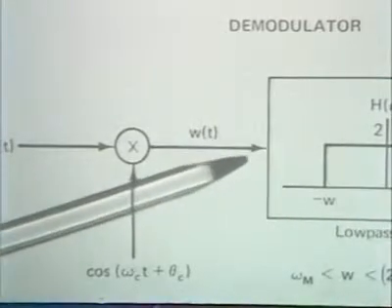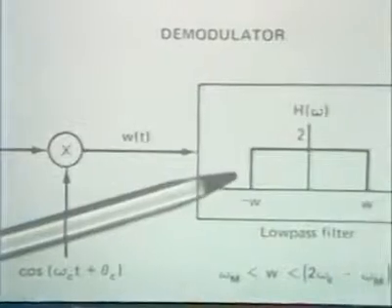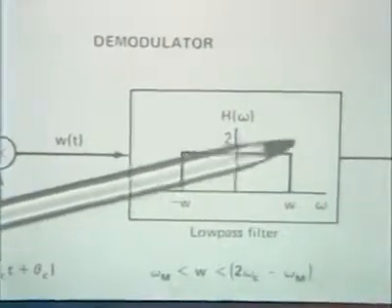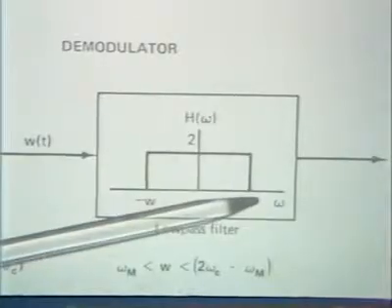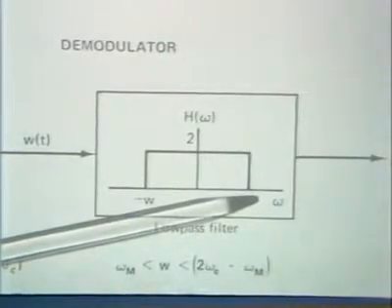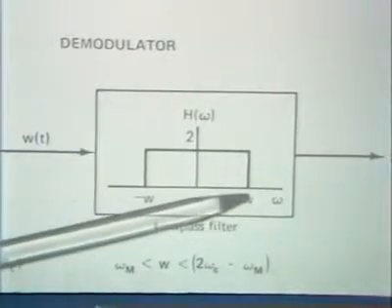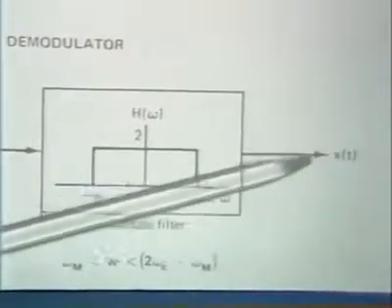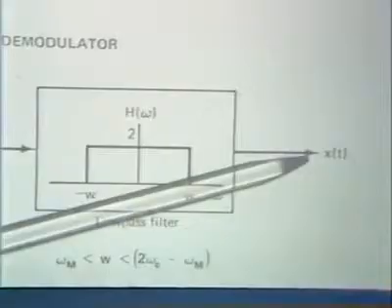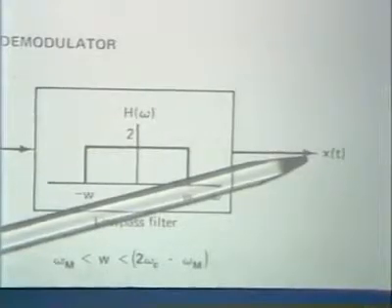We need to process that with a low-pass filter that extracts the part of the spectrum around DC and throws away the upper part of the spectrum that gets generated in the second modulation process, and the resulting output is the original signal x of t.